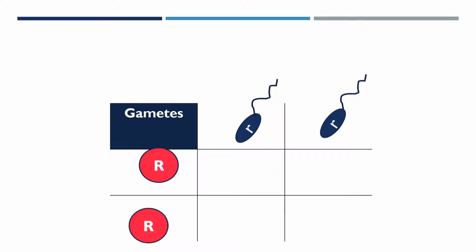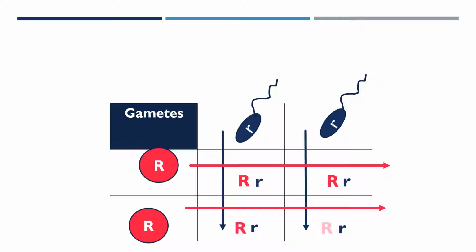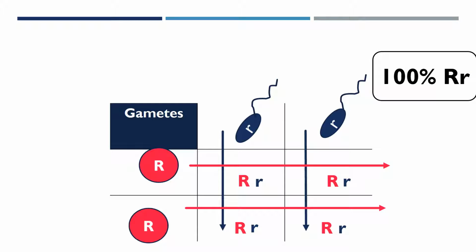We then add the little r's down, and we put the big R's across. So always make sure you pop your dominant allele in front of your recessive allele. So we started off with two homozygotes, and we've ended up with 100% of the offspring being heterozygous. So they will be carriers of the little r and express the big R.